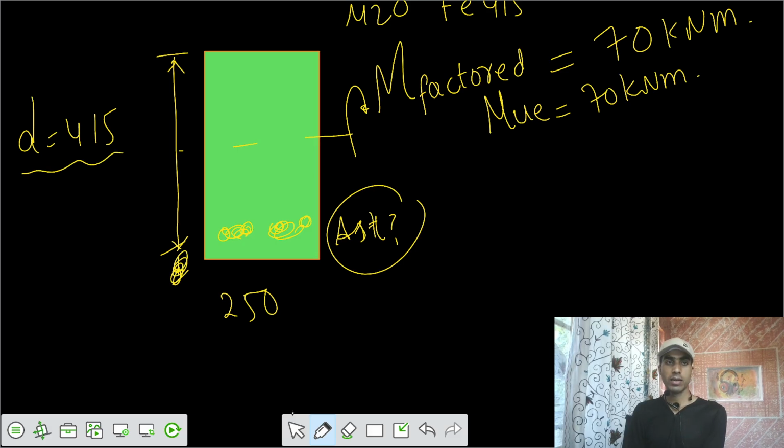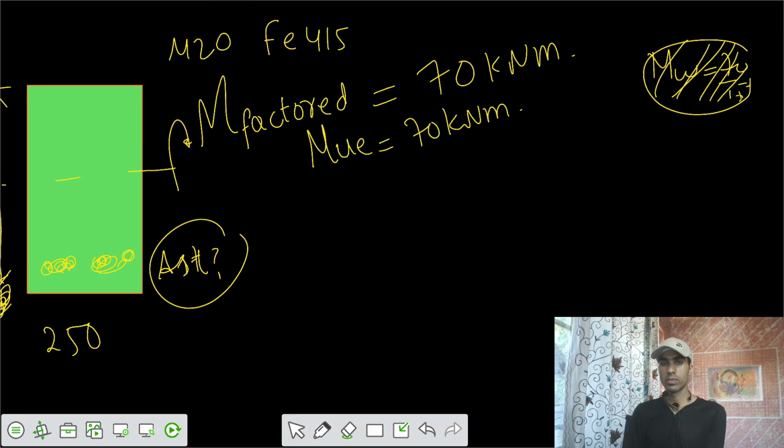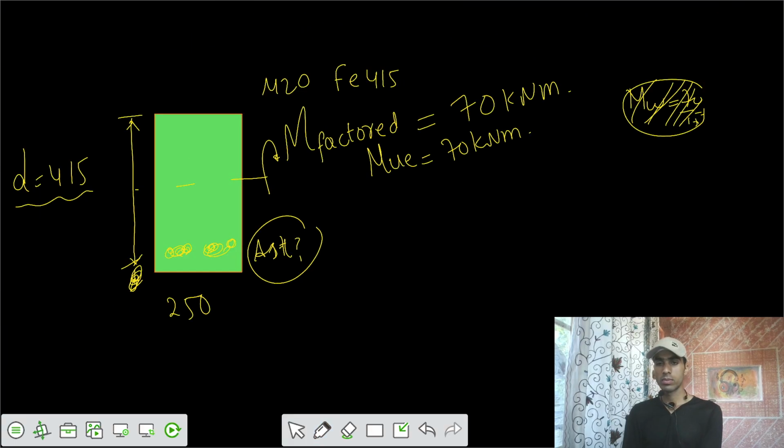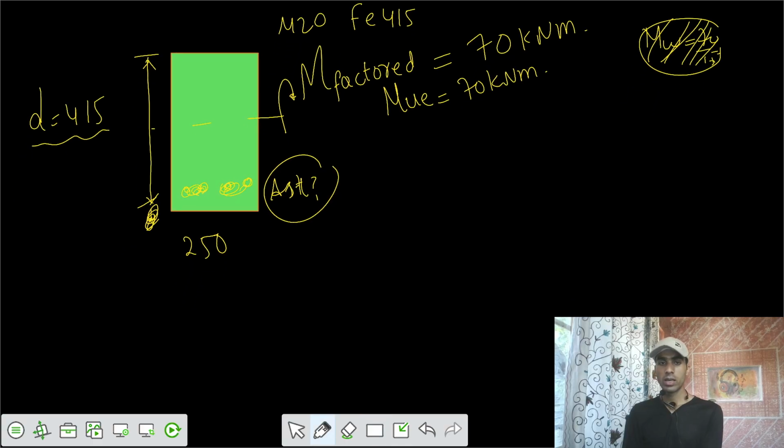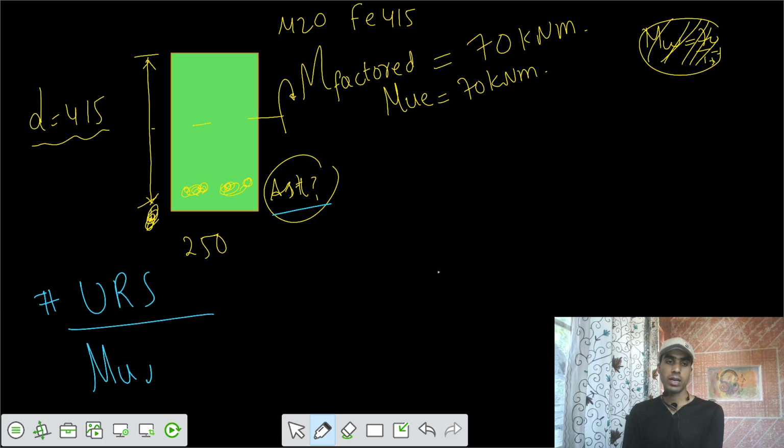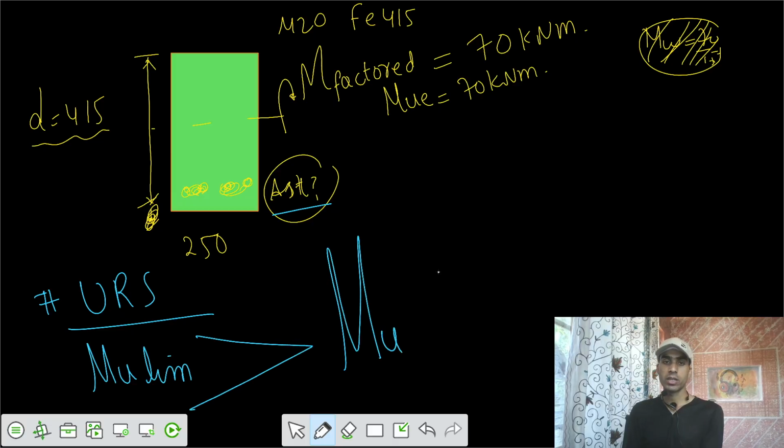Now, to design the AST, I should prefer an under reinforced section. For that, I have to ensure that the limiting moment of resistance is greater than MU external, the ultimate factored bending moment because of those external loads.